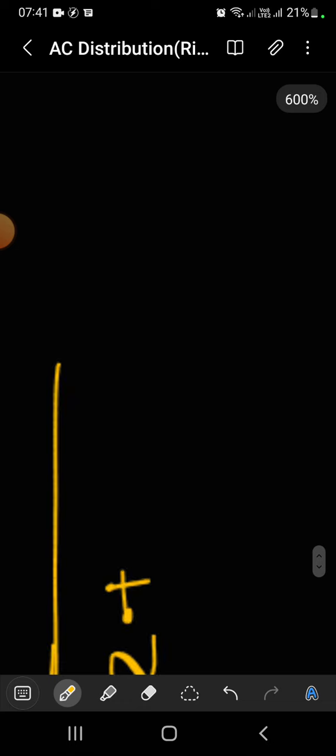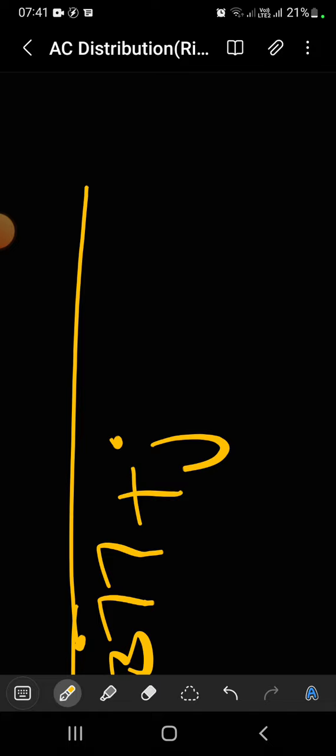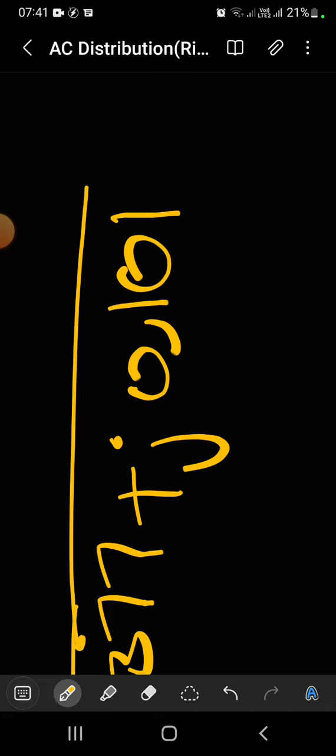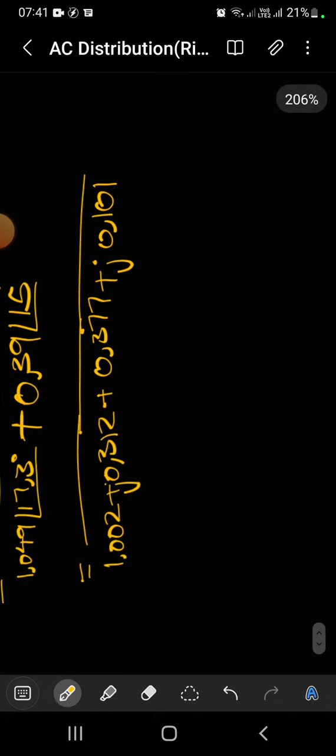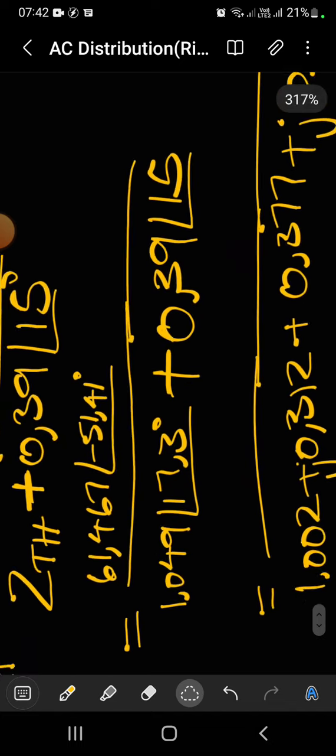That will give you 0,377 plus j 0,101. Now, adding those together, we still have our numerator as it is.